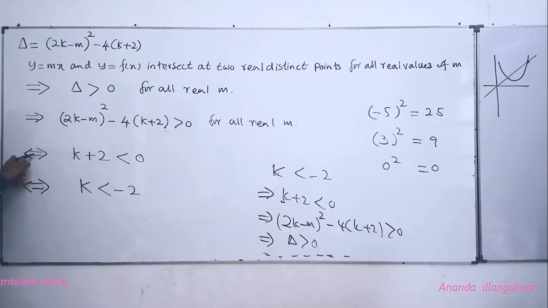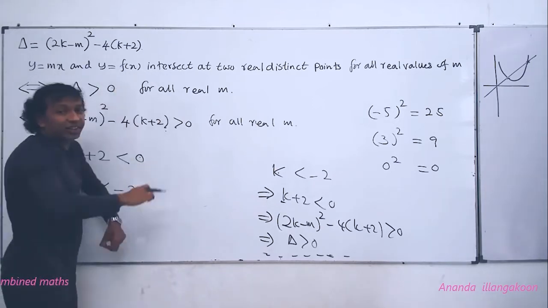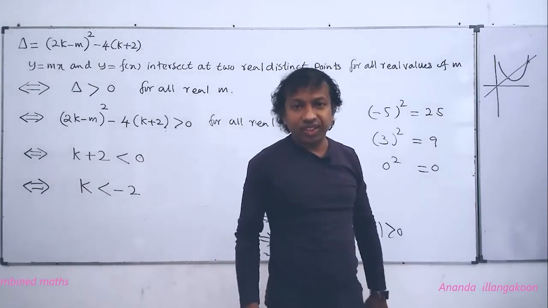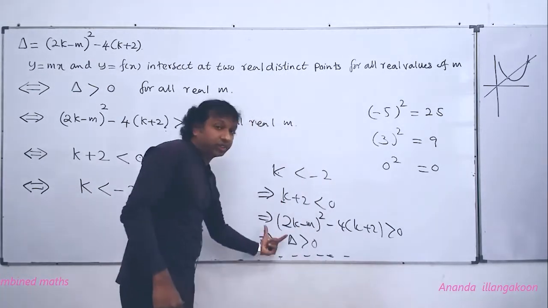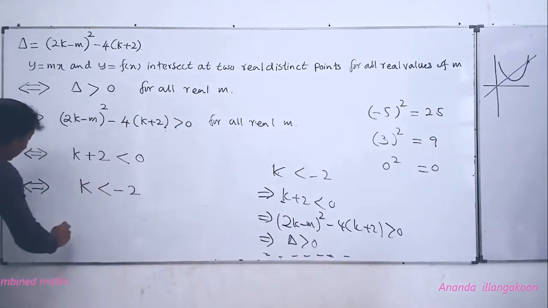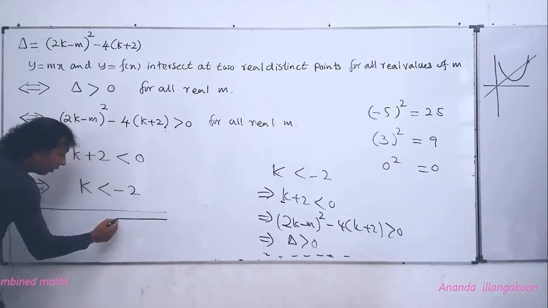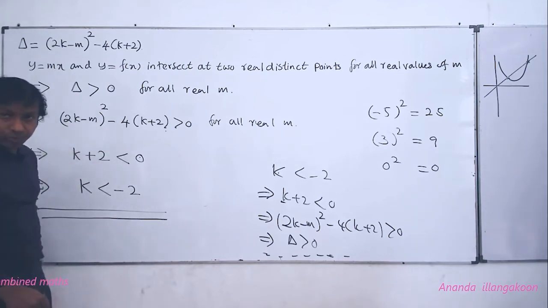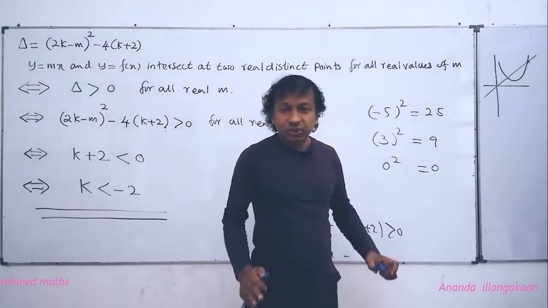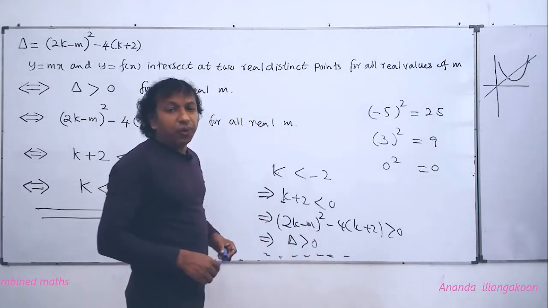This implies this, that implies this, this implies this statement. That is how we do the converse result, the backward result. We don't write another set of statements like this. We just put the backward arrows. So this is the way of proving the if and only if proof. Understood? Okay, so this is the completion of the if and only if proof.